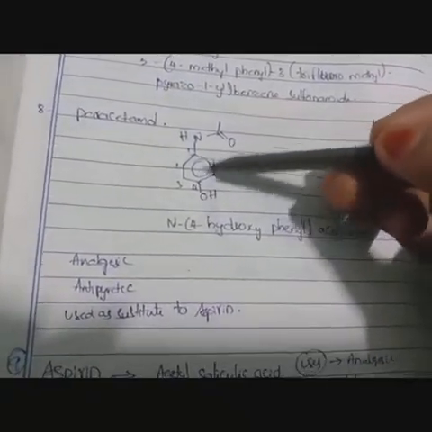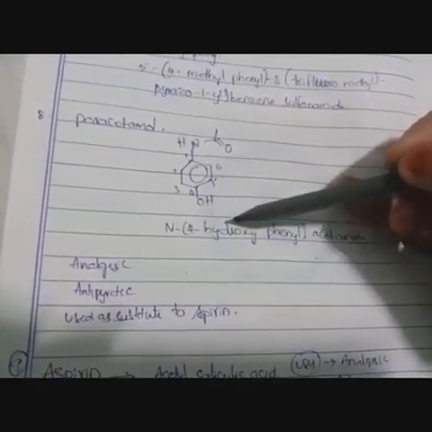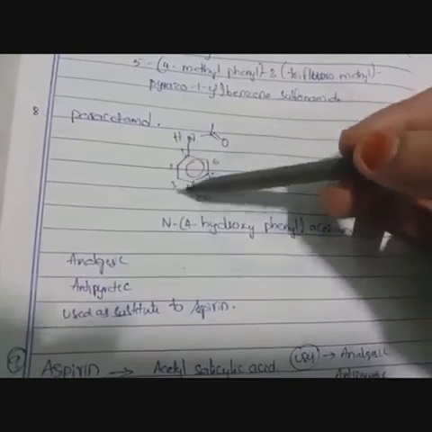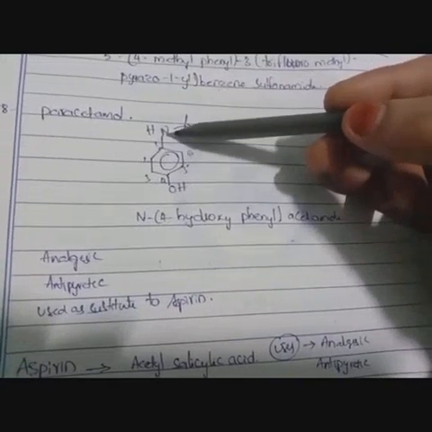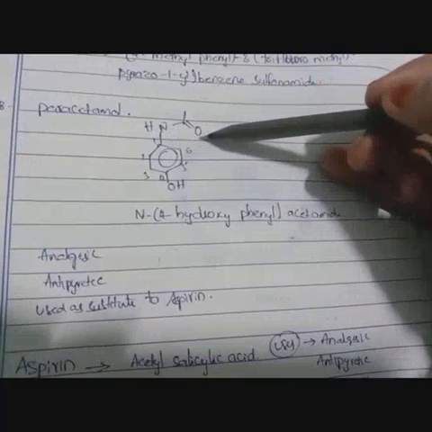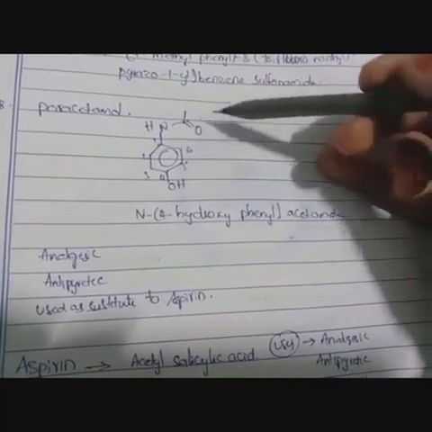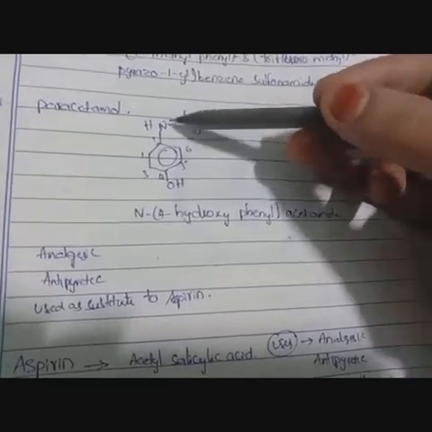So here benzene ring is there, and OH group is there, and here see, N-(4-hydroxyphenyl). 4-hydroxyphenyl at the N position. So it is attached with nitrogen. Acetamide, we are calling this as acetamide. COCH3 and amide group is there.